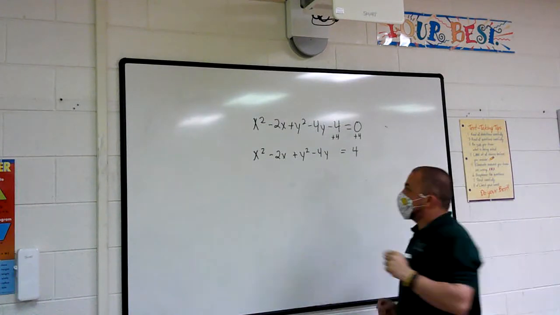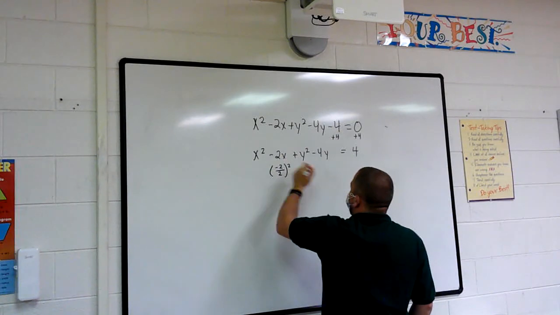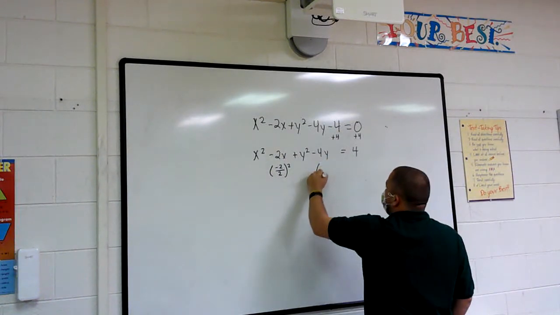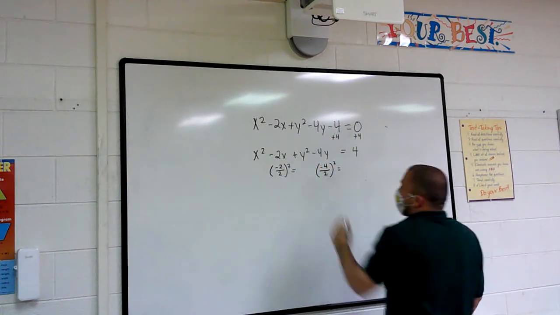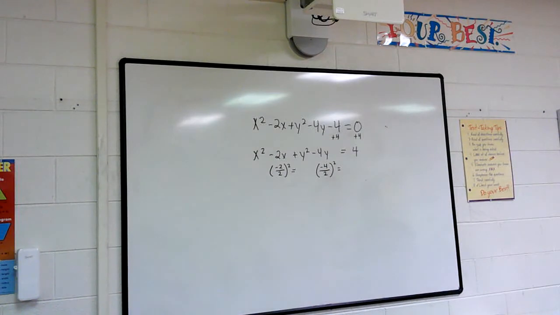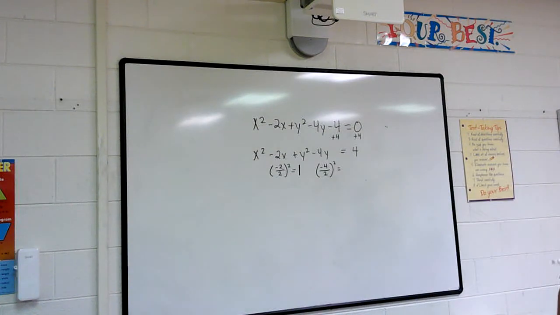We're going to take the negative 2 divided by 2 and square it. We're also going to do the same thing with our y, the negative 4 divided by 2 and square it. Okay. So negative 2 divided by 2 squared is 1. And negative 4 divided by 2 squared is 4.